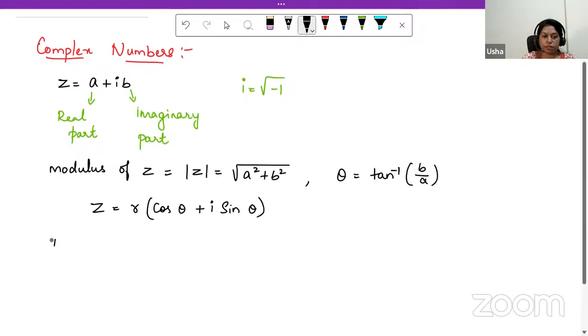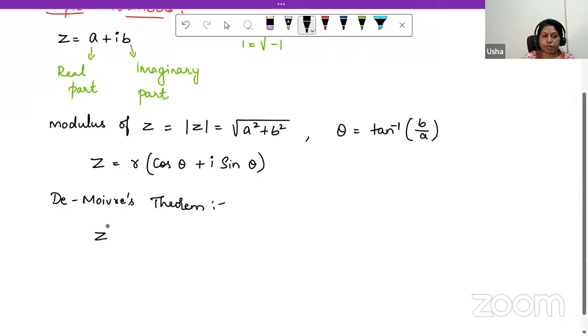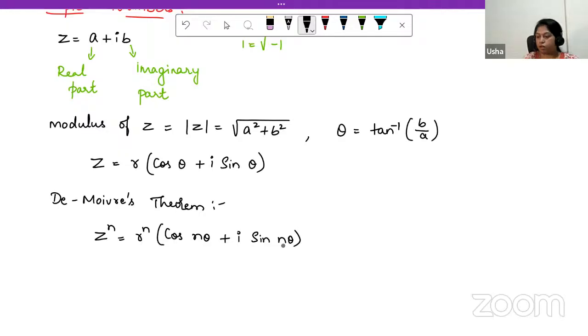And what is de Moivre's theorem? De Moivre's theorem is a method to find out this complex number raised to some power. So z power n is equal to r power n into cos n theta plus i sin n theta. This is the de Moivre's theorem.